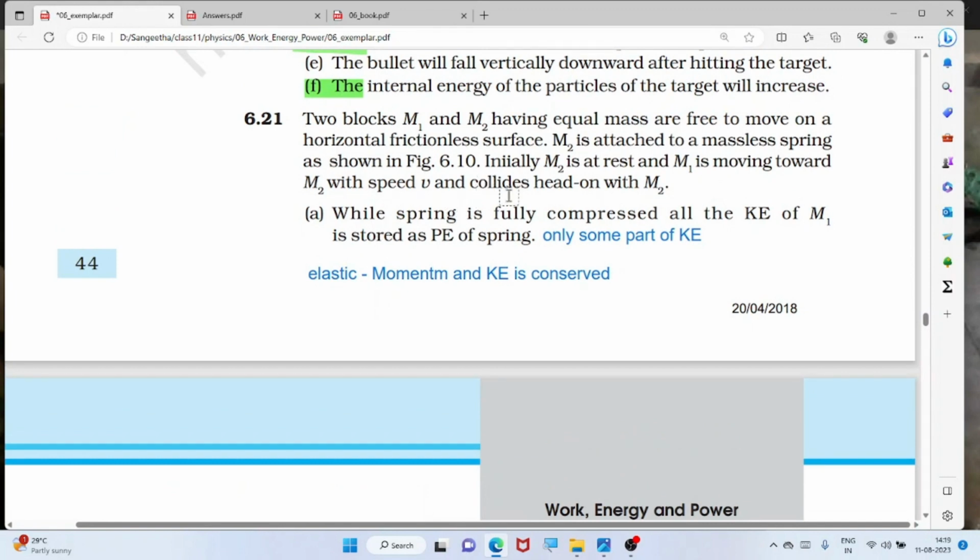So M2 is at rest, and M1 is moving forward towards M2 with this speed, and collides. While the spring is fully compressed, not all the KE of M1, only some part of the KE will be transferred.